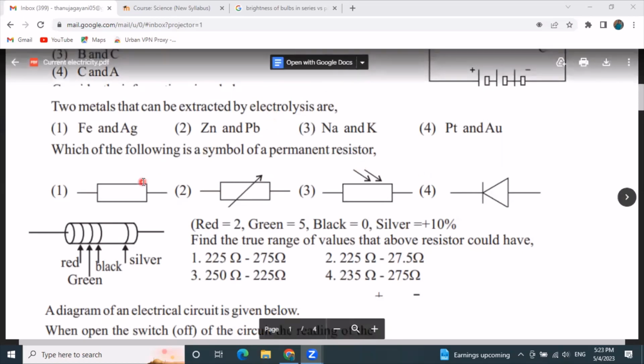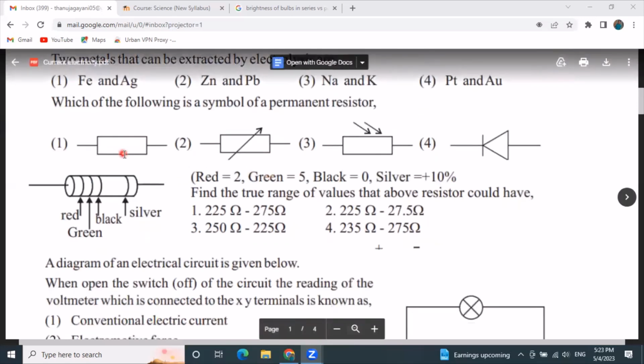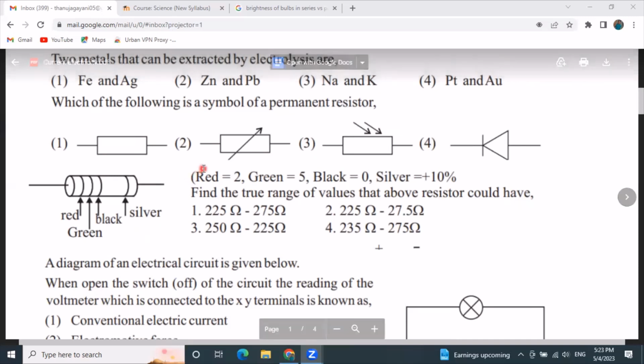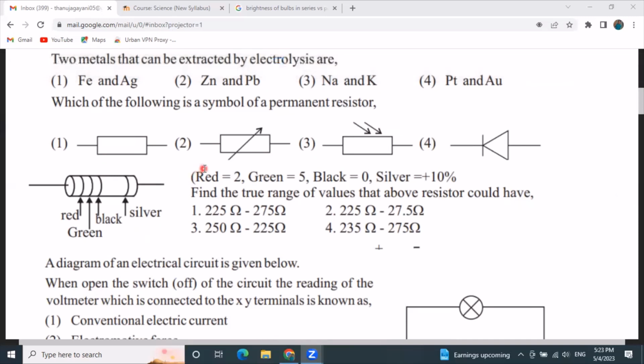Third one. Next question. Which of the following is a symbol of a permanent resistor? Answer is the first one. The first diagram demonstrates a permanent resistor, and the second diagram demonstrates a variable resistor. This arrowhead demonstrates we can change the value of this resistor. And the third diagram demonstrates a light dependent resistor.